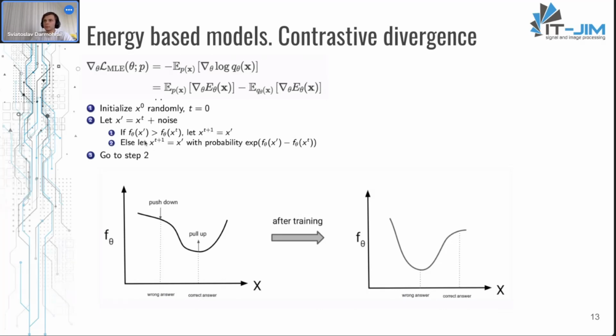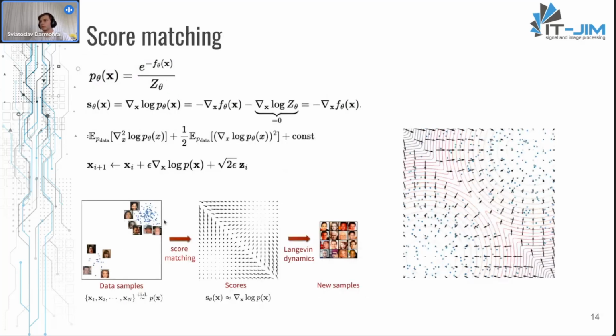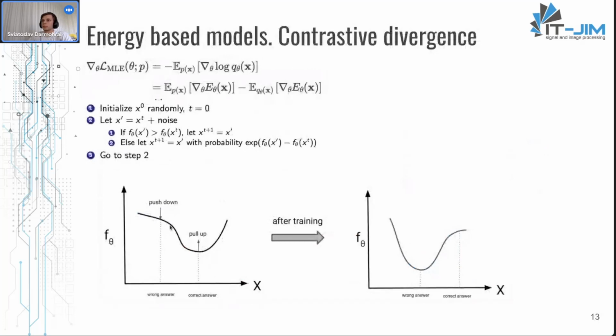So here is some bad point, and if we sample it and then move it with, for example, the Monte Carlo method along the gradient of this function, we will end up right here. And then having these points, we will optimize. So this bad point will have high energy and a good point will have low energy. So this goes up and this goes down.